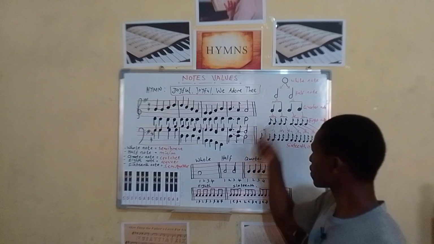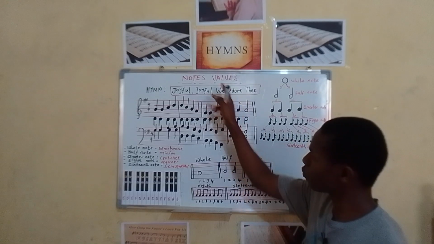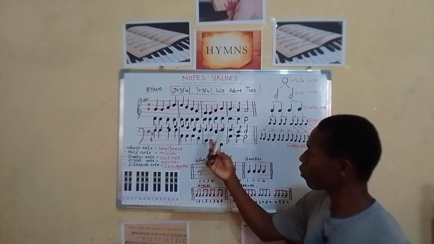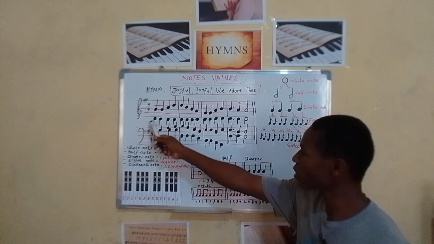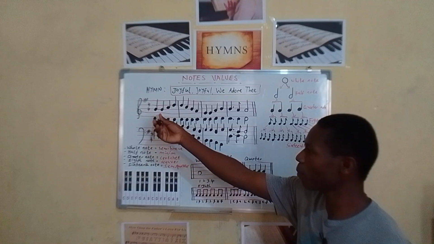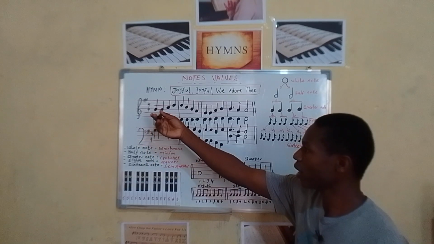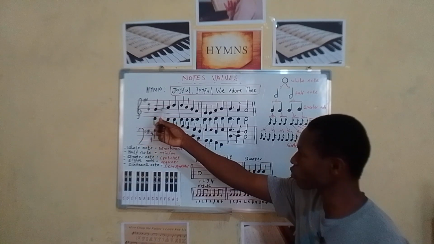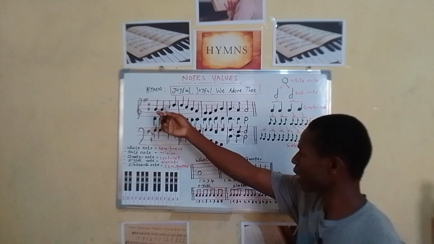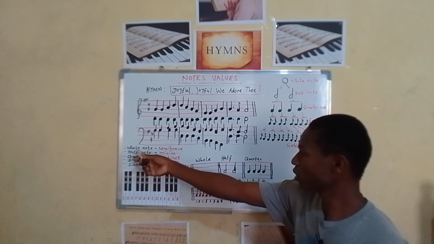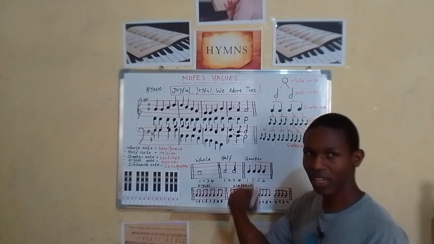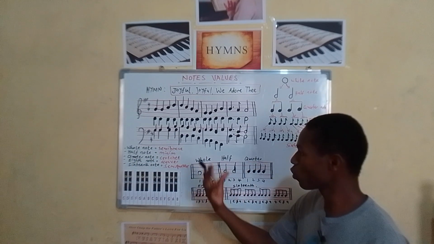So this is the basics of note values, and this is part 1. We'll be having part 2, whereby we'll be talking about connecting notes. In part 2, we'll be talking about dotted notes, because we can have dotted minims, dotted half notes, dotted quarter notes, and so on, representing a certain value of notes.